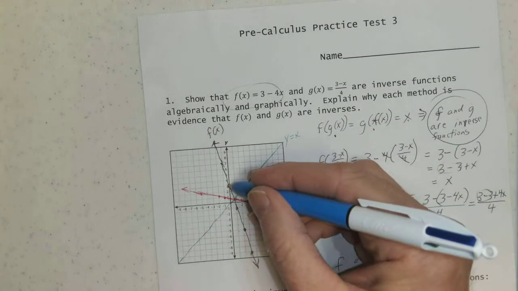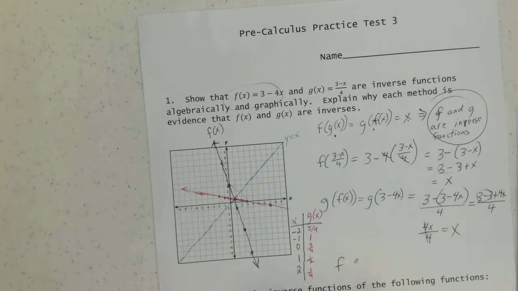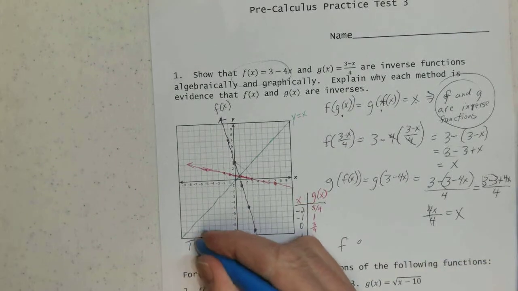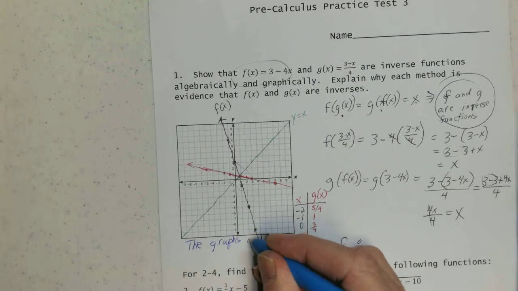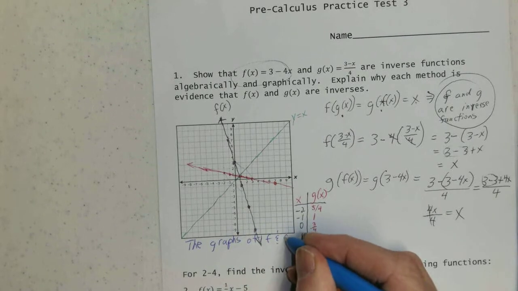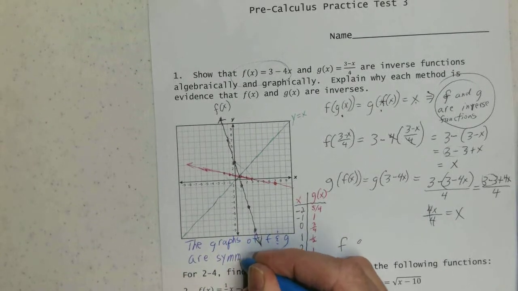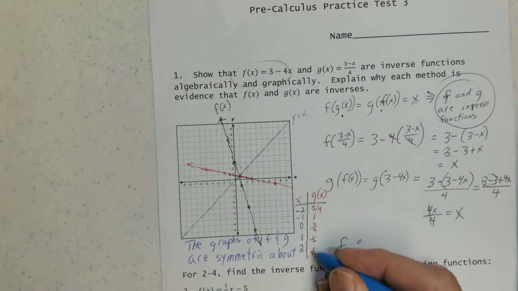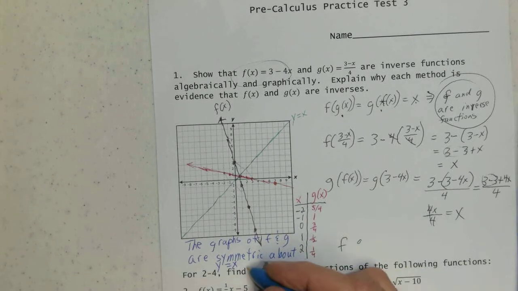And if you'll look, I think that the two are really symmetric. So I'm going to write that. The graphs of f and g are symmetric about y equals x, the line y equals x.